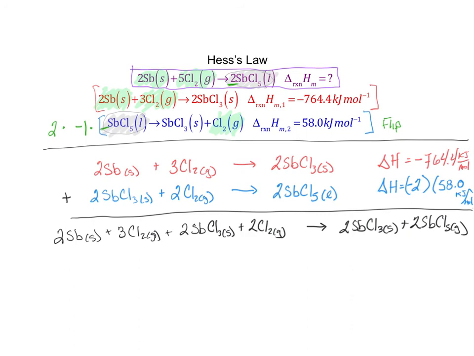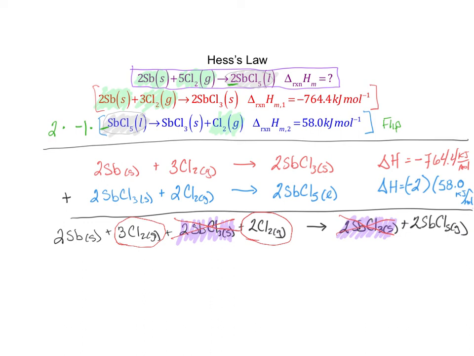Now, let's simplify. I'm going to look for anything that is both on the products and the reactants. And so that is going to be this antimony trichloride. And so that means that these cancel out. The other thing that I see is that I have Cl2 gas and Cl2 gas, which means that I can combine those.